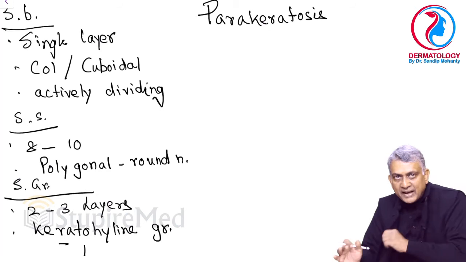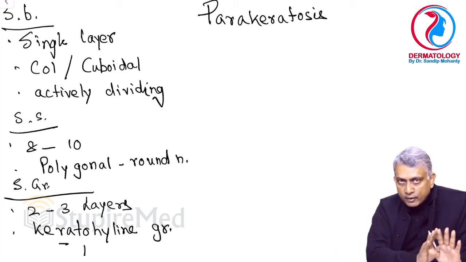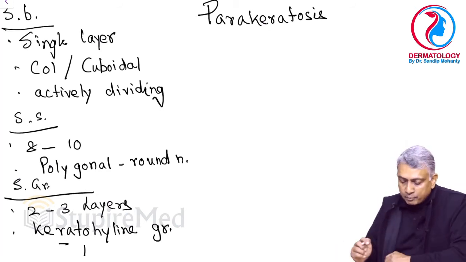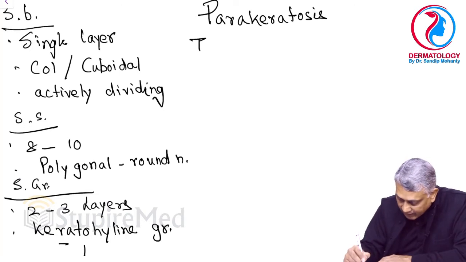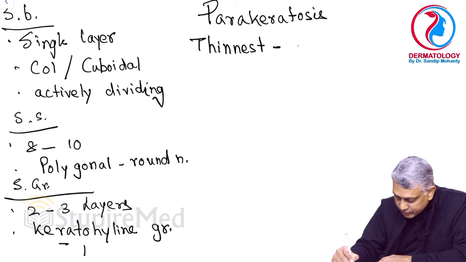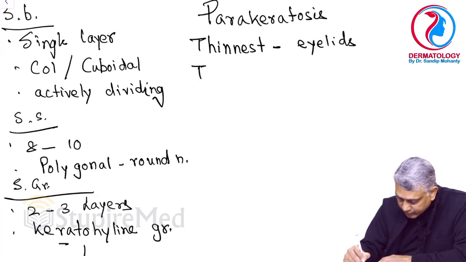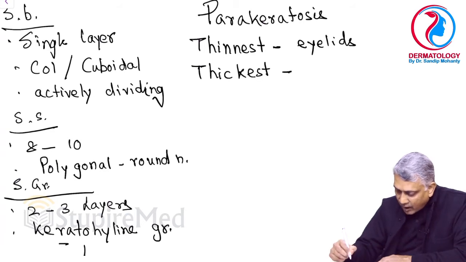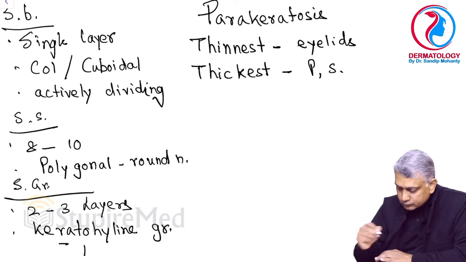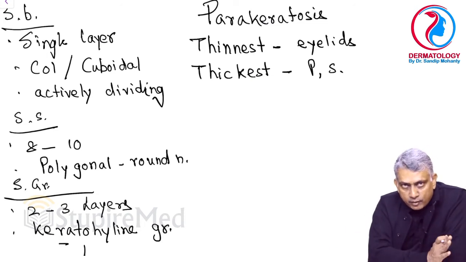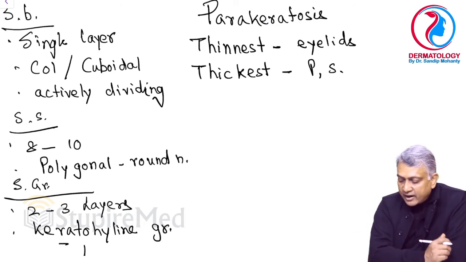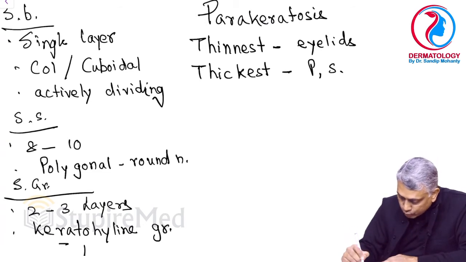What else to know? The thickness of the epidermis varies from place to place. It is thinnest on the eyelids and thickest on palms and soles, and there is an extra layer present on palms and soles known as stratum lucidum.